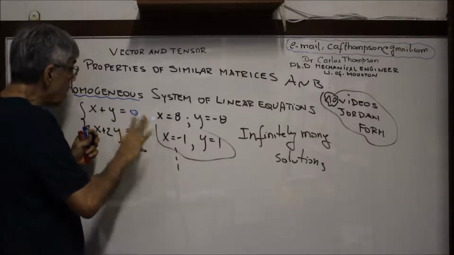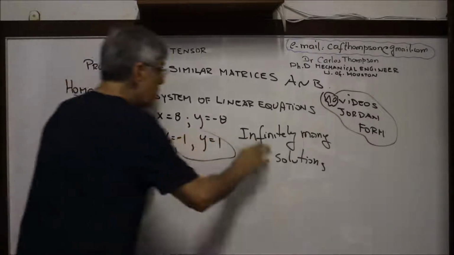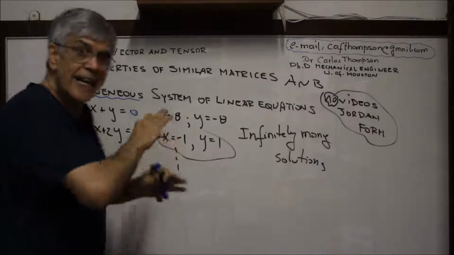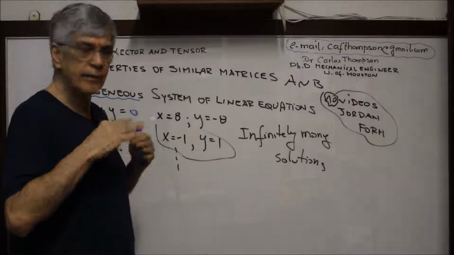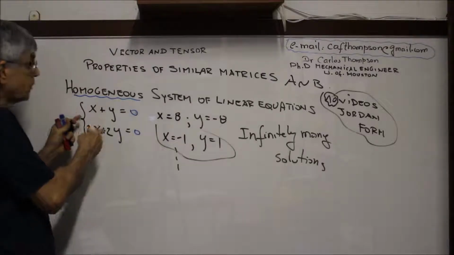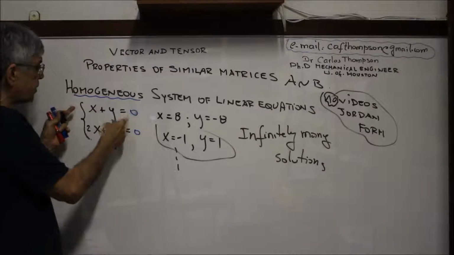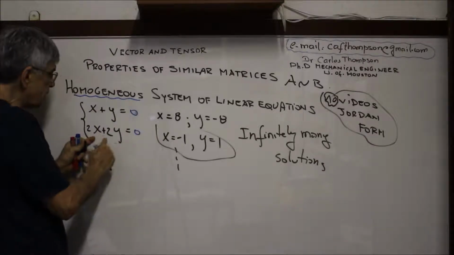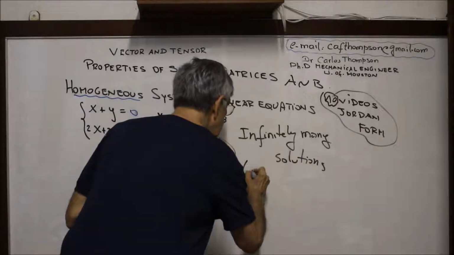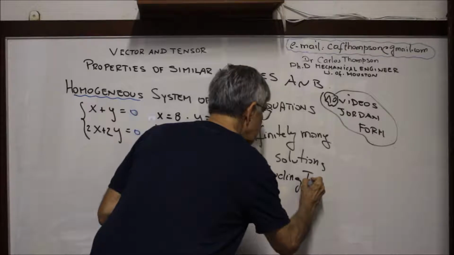So you have to understand that you have many solutions, but they are not just any solution. Also, a trivial solution exists here, because 0 plus 0 is 0, and 2 times 0 plus 2 times 0 is 0. So there are infinitely many solutions, including the trivial solution.